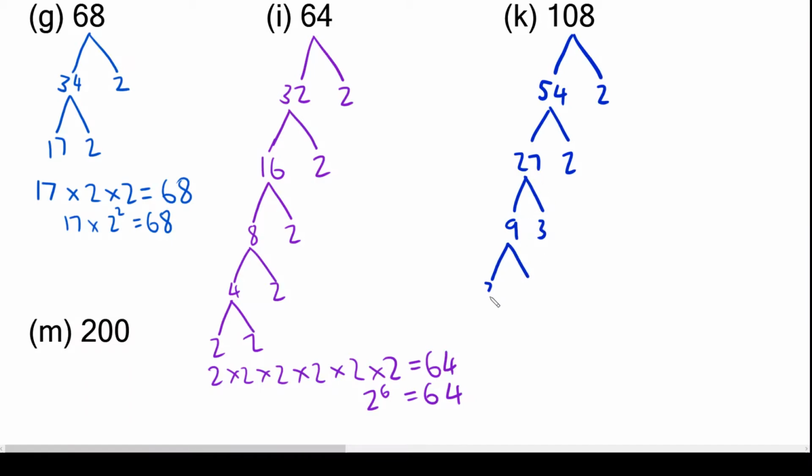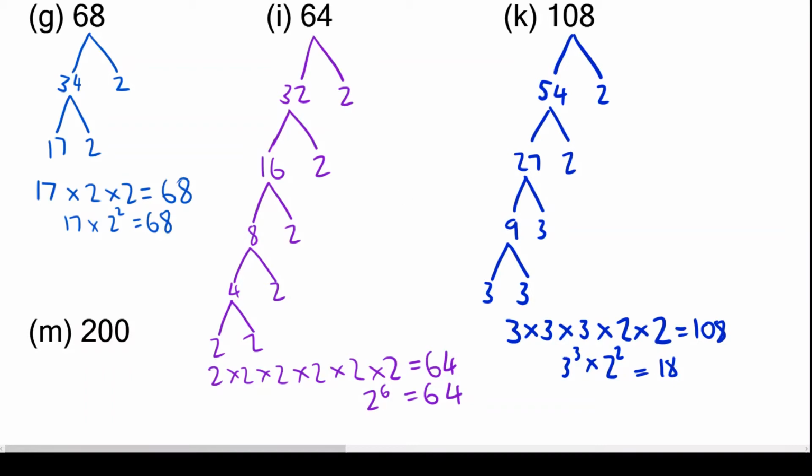Then we'll have 3 and 3. So they're getting pretty tricky now. Okay, so we've got 3 times 3 times 3 times 2 times 2. Okay, and that's 3 cubed times 2 squared equals 108.